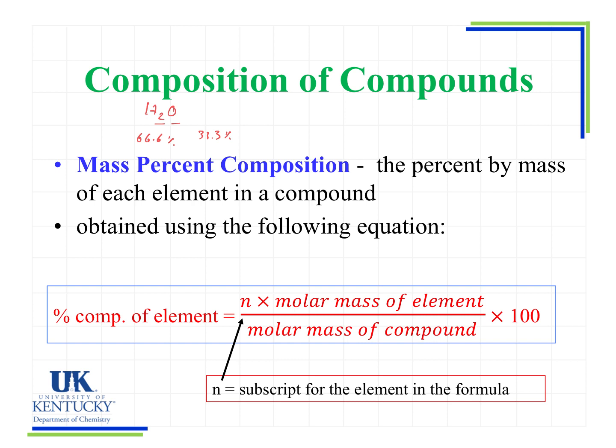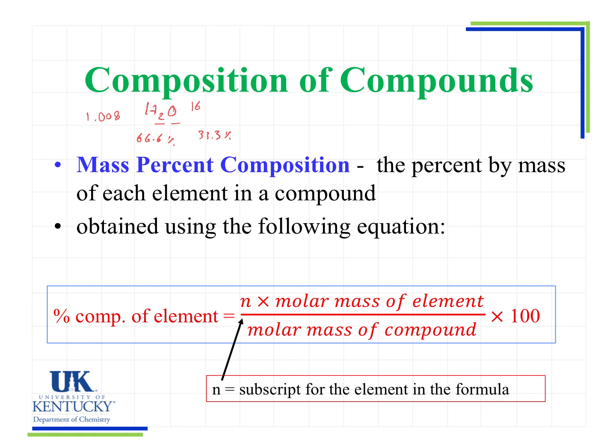But in chemistry, we use mass percent. Hydrogen does not have that much mass. It has just 1.008 AMU, whereas oxygen has almost 16 AMU. So it's heavier. Even though we have one oxygen but two hydrogen, most of the mass of water is from oxygen. So let's see how we calculate that.